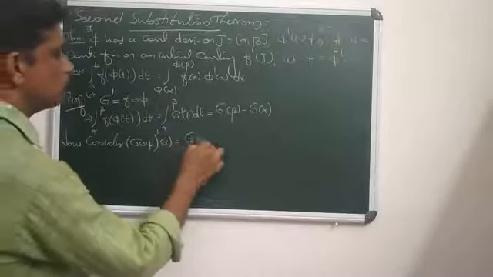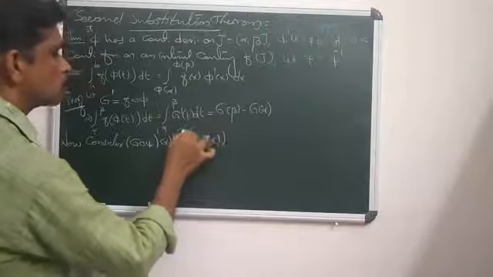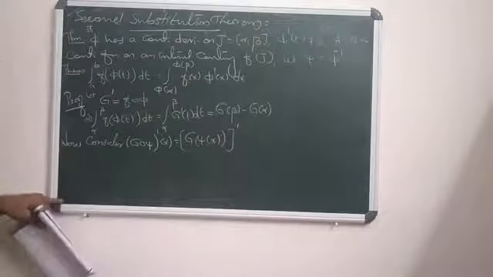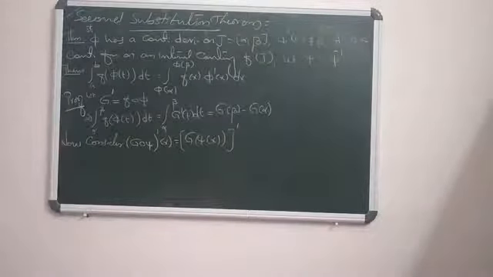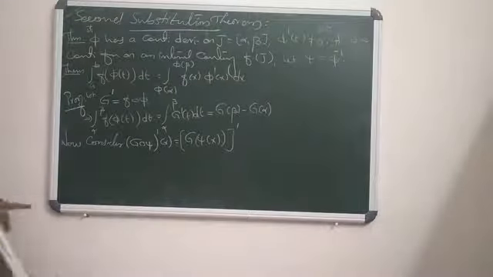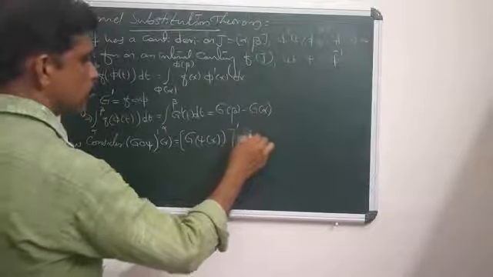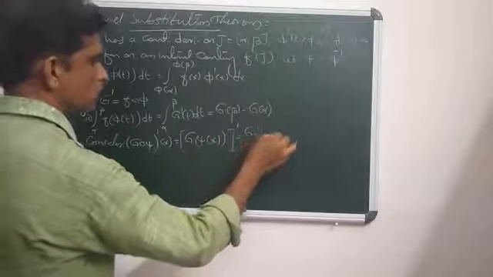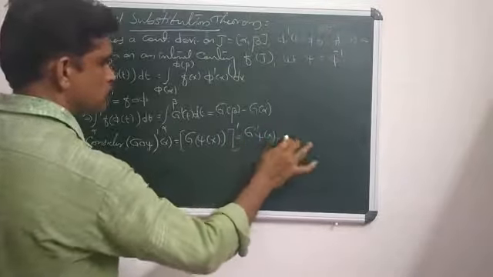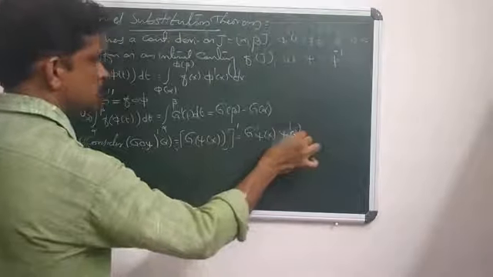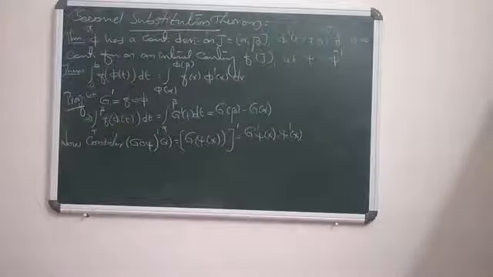It is G of psi of x, all dash. Agreed? So its derivative is G dash of psi of x into psi dash of x.